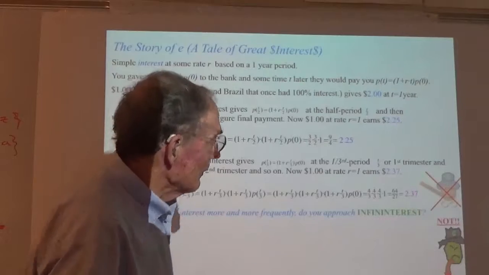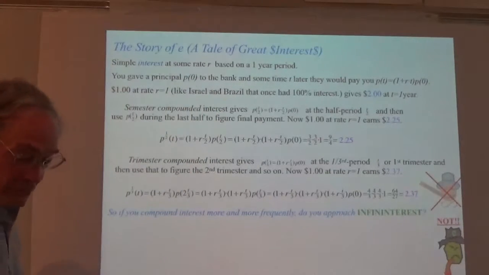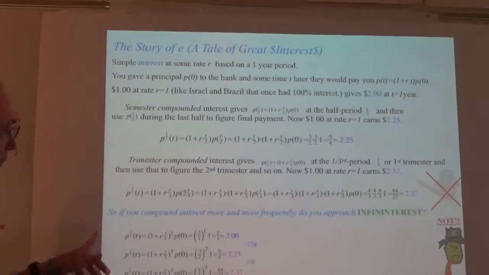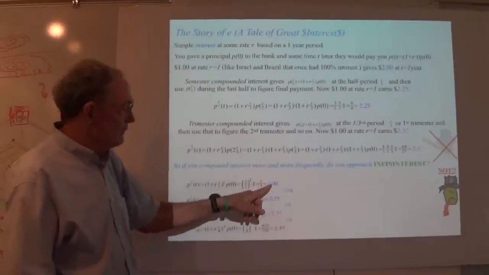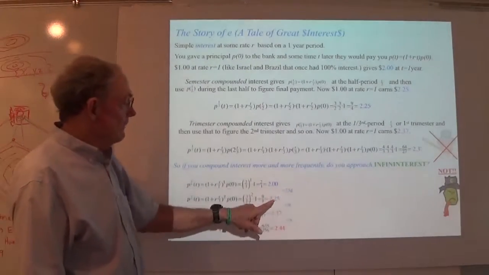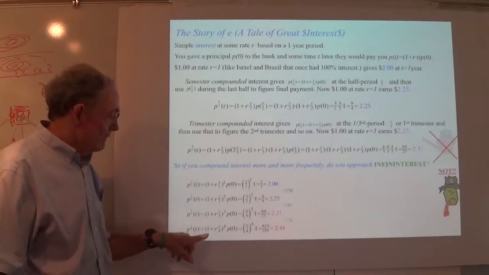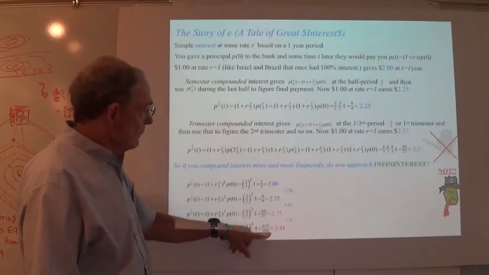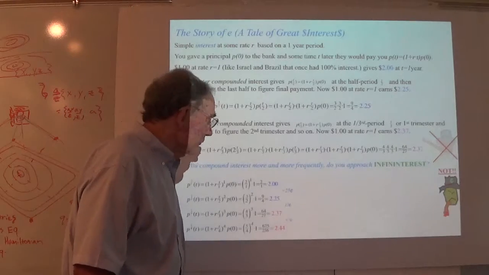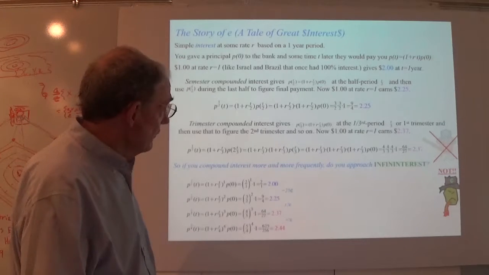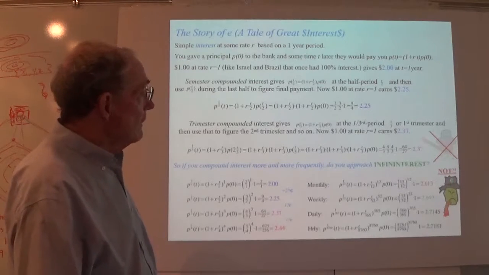So the catch is, of course, that you don't get much more, or at least a whole lot more, than $2.37. And so we'll list the examples here, first our simple interest. We picked up 25 cents going to trimesters, and when you go to quarters you get $2.44. You can see the amount that I'm adding here, plus 7 cents, isn't much.